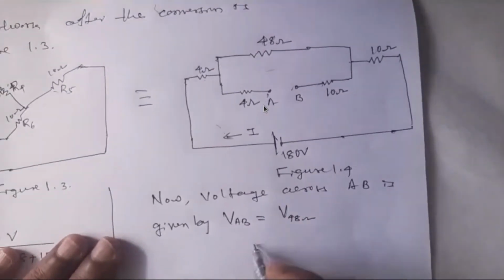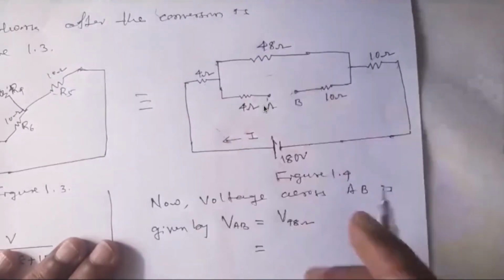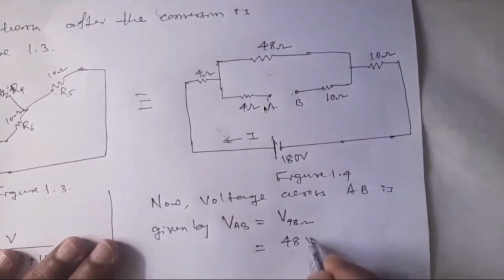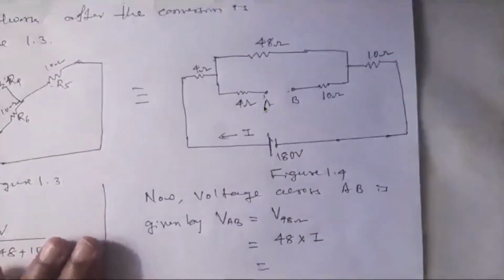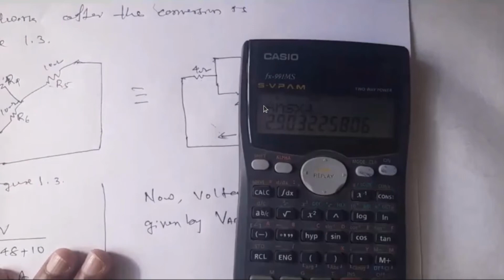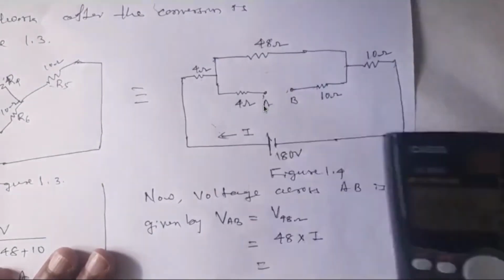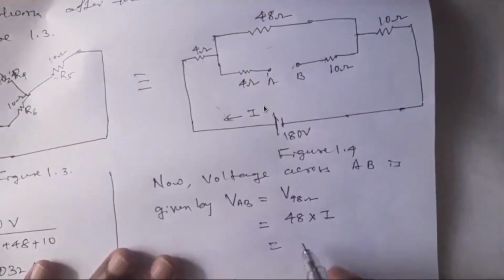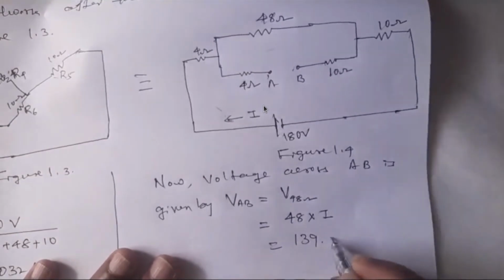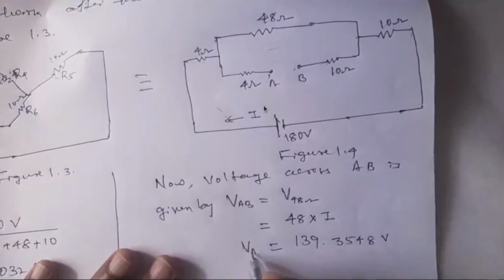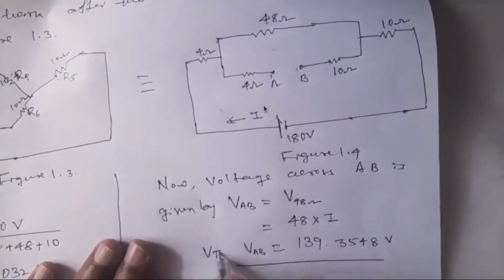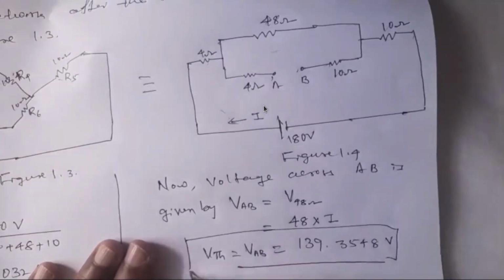This is 48 into I, because I is the current through that. How much we get? 139.3548 volts is your VAB. And you can write VTH is equal to VAB is equal to this much.